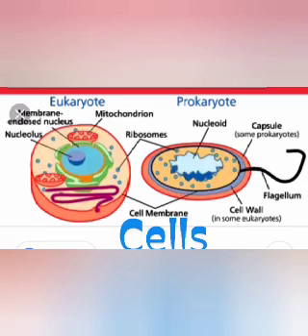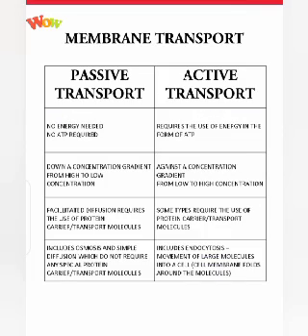Transport of substances across a cell membrane is broadly classified into passive transport and active transport.